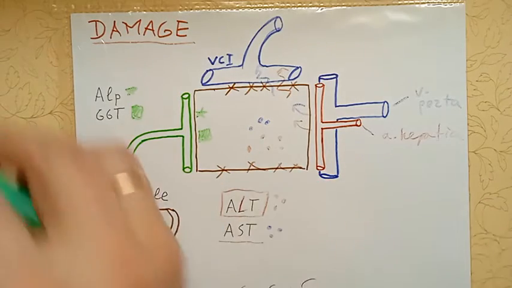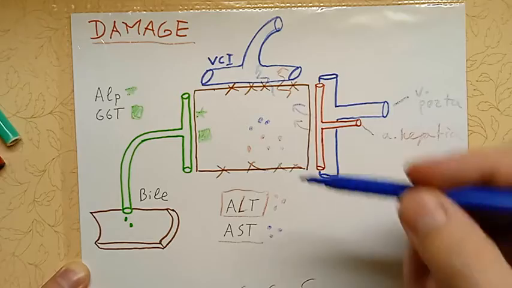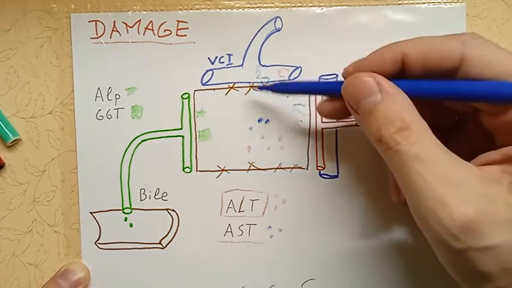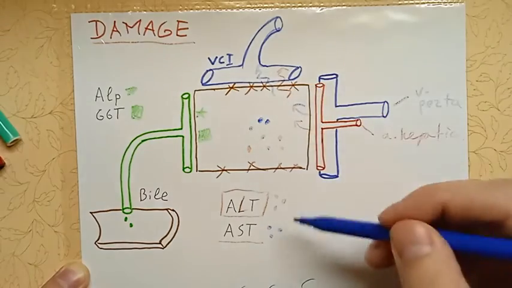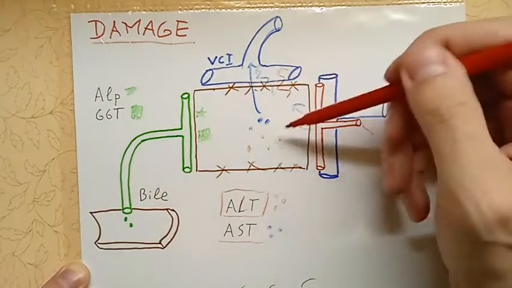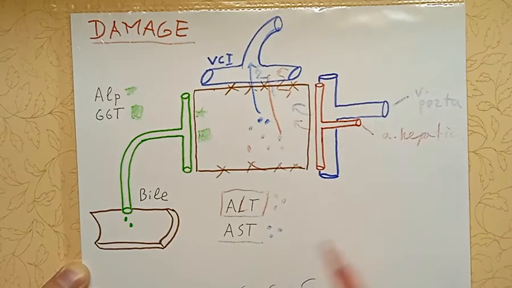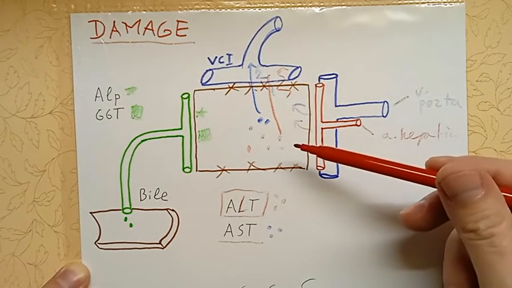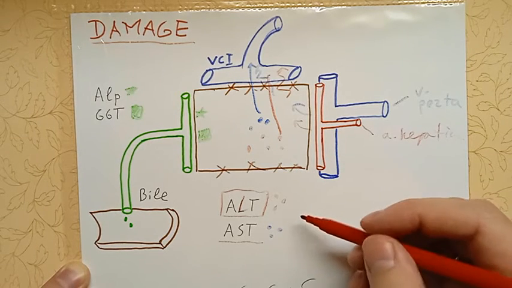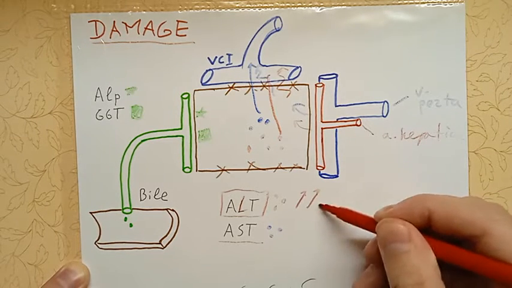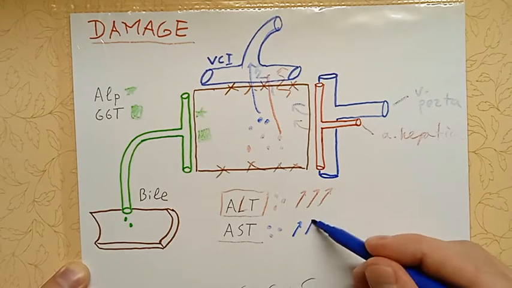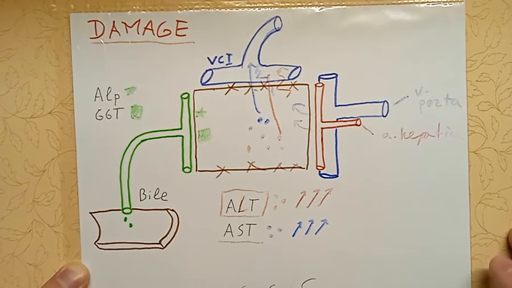So if those holes happen, enzymes can go away out of the cell. First of all, AST and ALT. That's why during the damaging of the cells of the liver, the concentration of ALT in the blood will be higher. The concentration of AST will be higher.